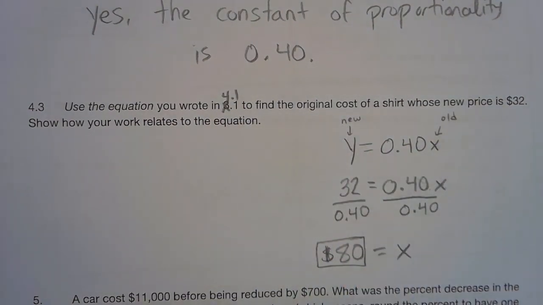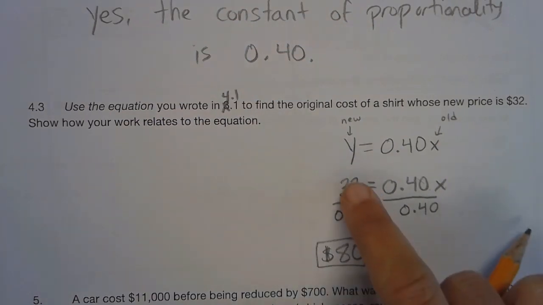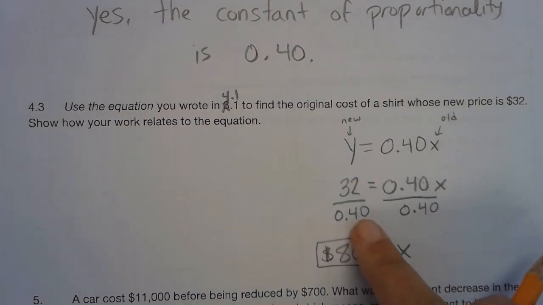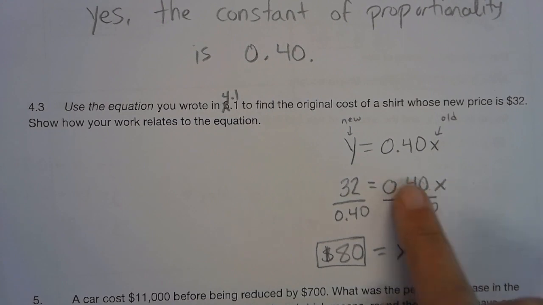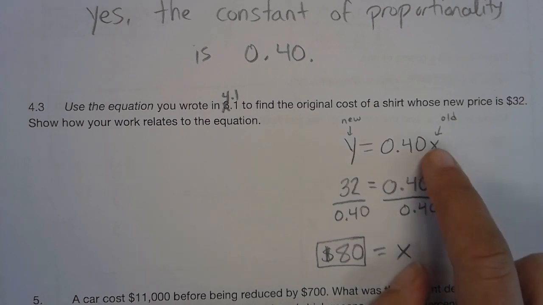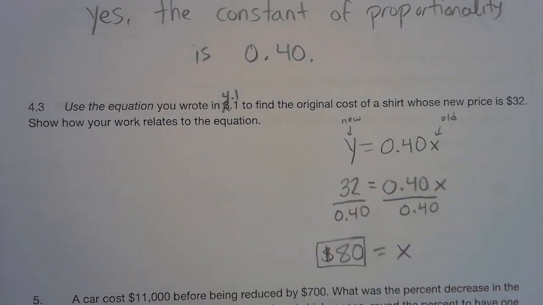That's how you use the equation. Ultimately you divide 32 by 0.40 to get this answer. But here I'm looking for an understanding of a proportional relationship: you have the equation, and to find the old x, you divide.